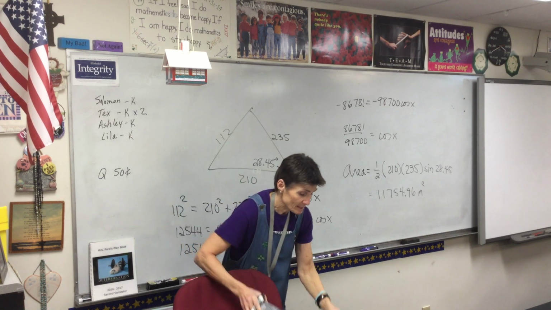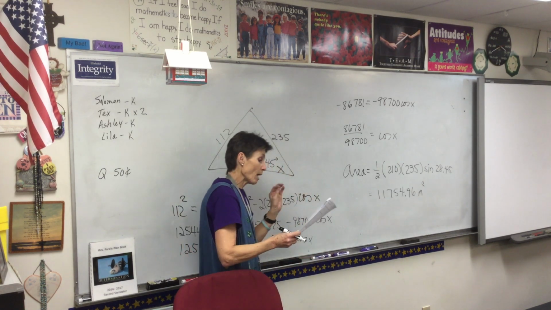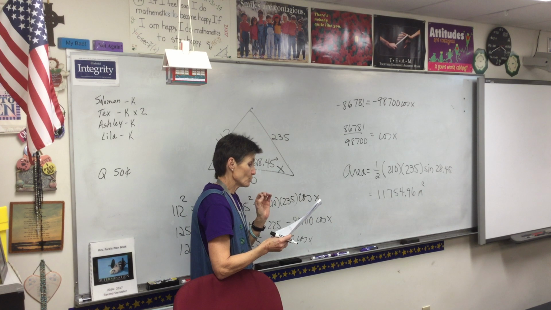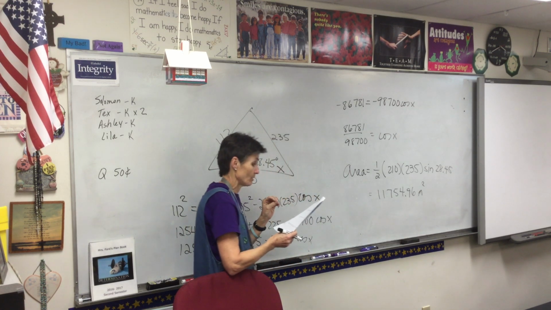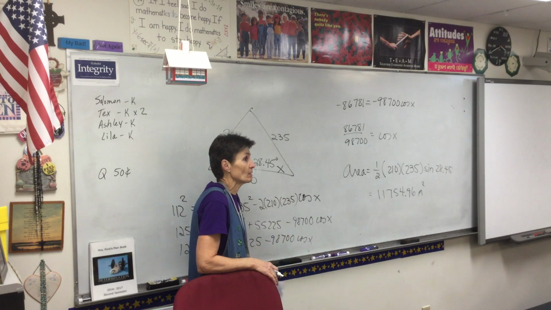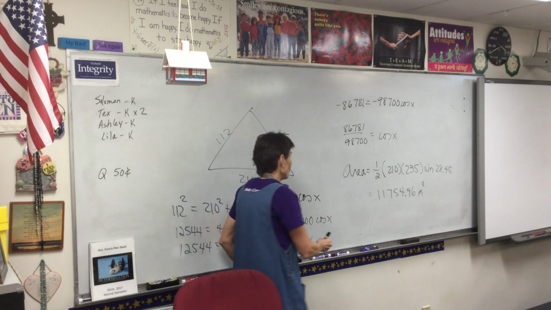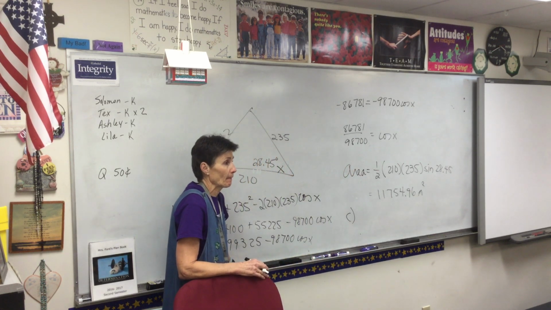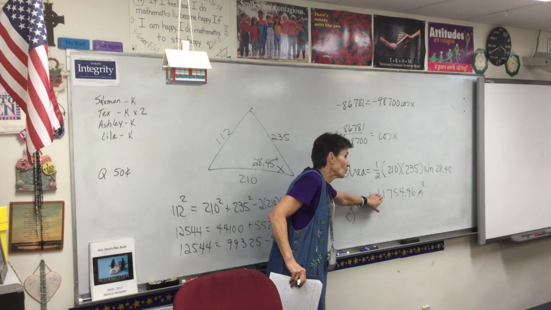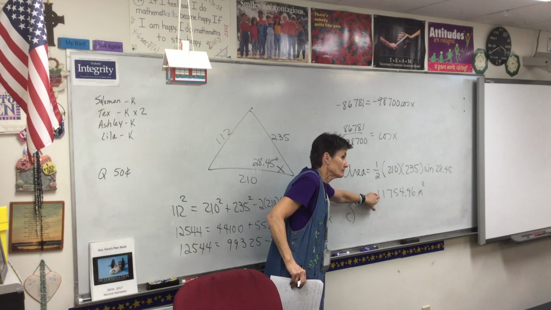The next part says, if property is selling for $28.70 per square meter, how much money is the field worth? What would you do to find out the value of your farm field? This is how many square meters you have.